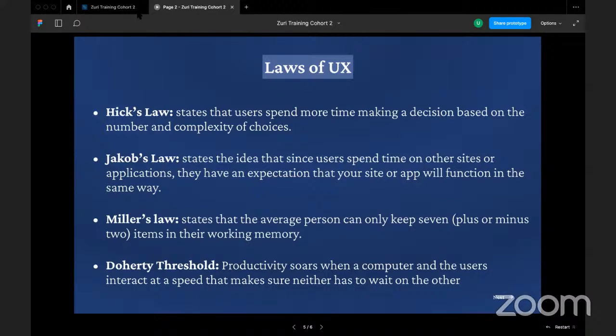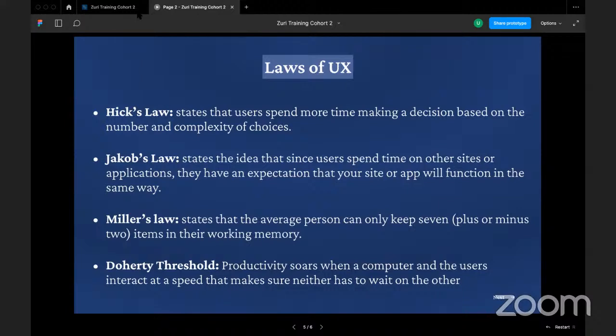You can't make them start cramming a lot. Designers can focus on chunking or grouping information together by their related features to make them more cohesive and memorable.